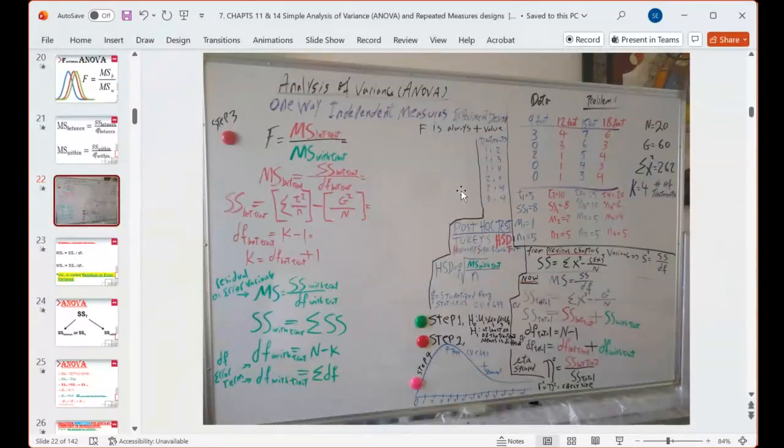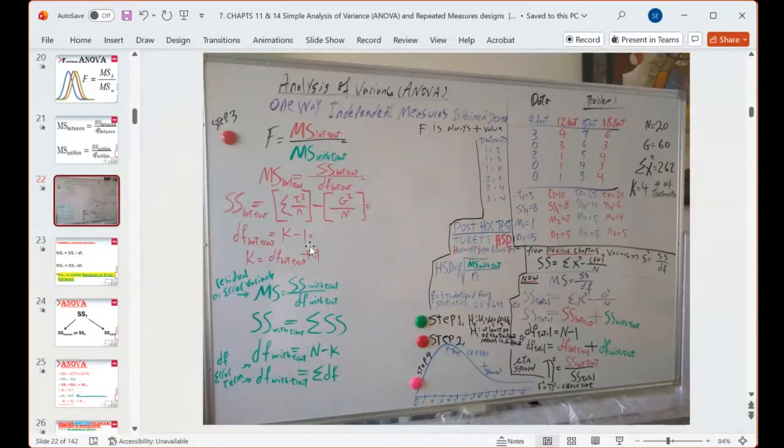It's again on the top left side. It says F equals MSB, or between, I wrote the whole thing, between treatment, divided by MS within, or within treatment. I color code them.